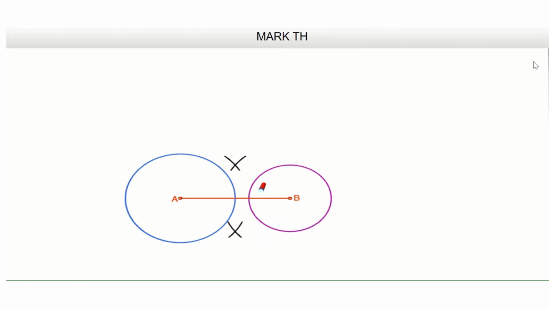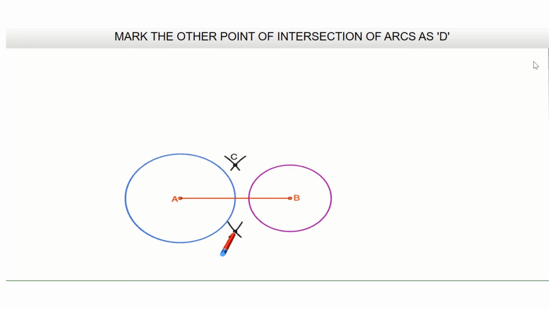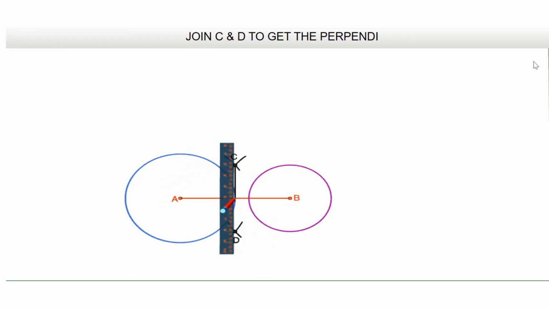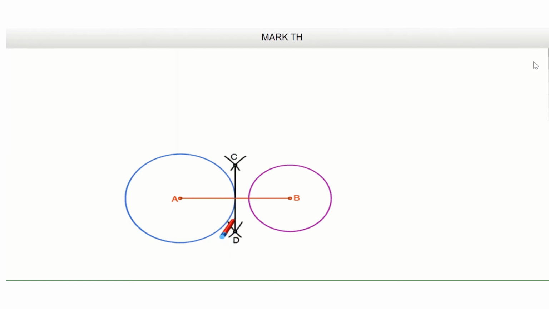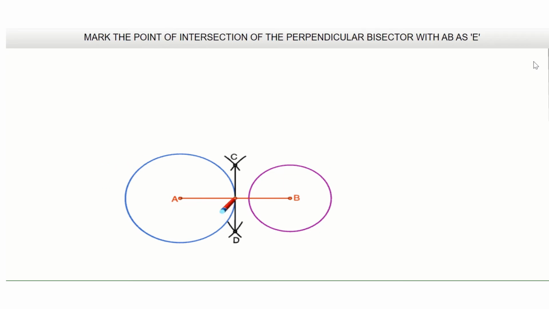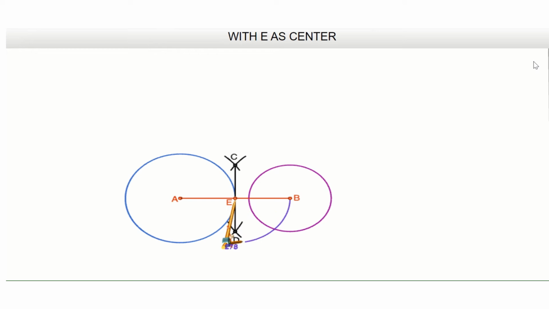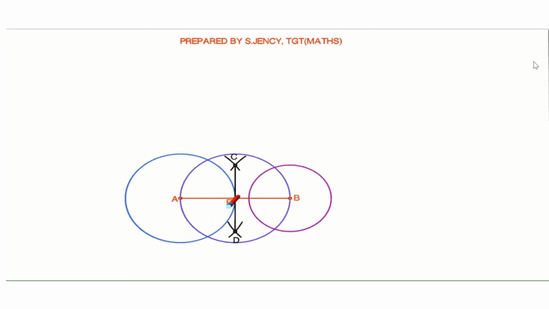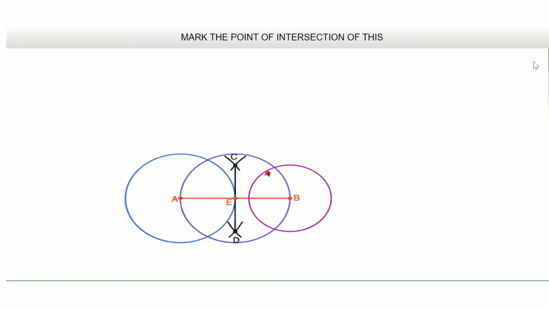Now I am going to mark the intersection points of the arcs as C and D, and I am going to join CD. CD is the perpendicular bisector of AB. Next, the intersection point of the two lines will be E. With EB radius, or AE radius, I am drawing another circle.